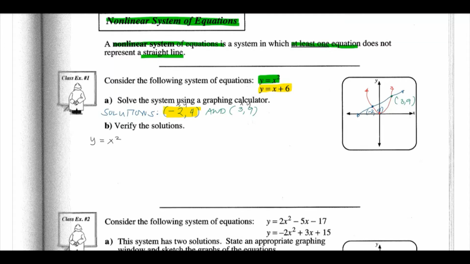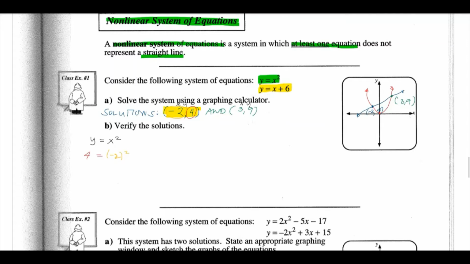For the first solution, x is -2 and y is 4. I'm just going to substitute those values. So y is 4, and that is equal to x, which has the value of -2, squared.